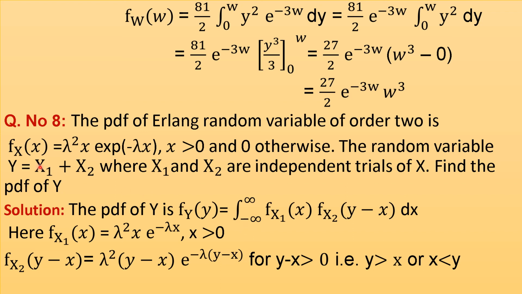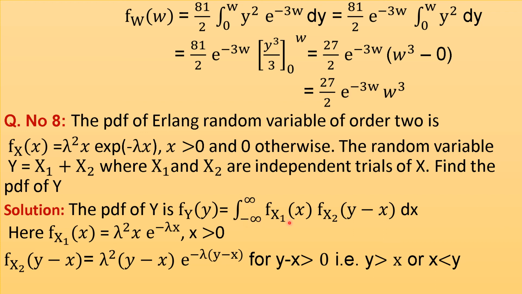Convolution of the probability density functions of x1 and x2: integral from minus infinity to plus infinity of fx1 of x into fx2 of y minus x dx. Here fx1 of x is lambda square x e power minus lambda x, but only for x positive, so ignore negative values and start from x equal to 0.